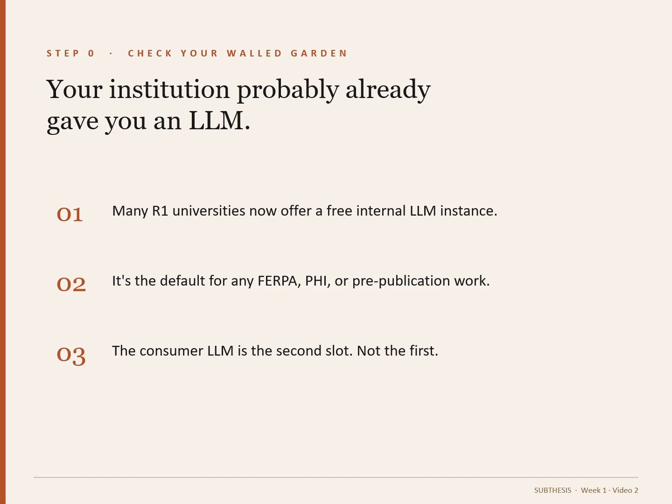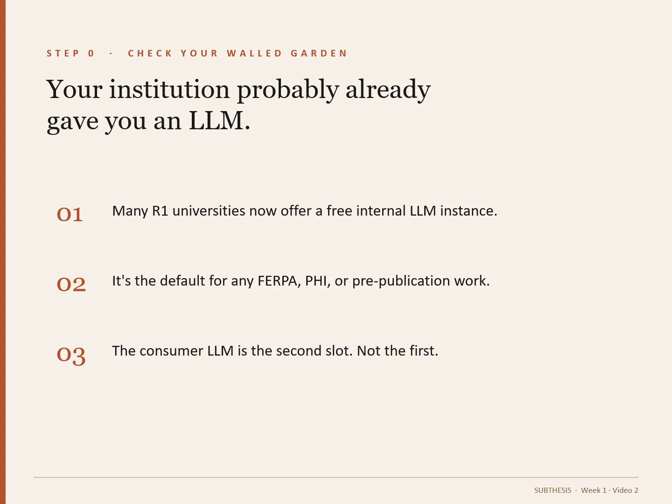Your next move is to find out whether your university has already given you a walled garden LLM instance. A growing number of Research One universities do. The naming varies. Sometimes a branded internal chat, sometimes a campus deployment of a commercial product under an institutional contract, sometimes a research computing portal.